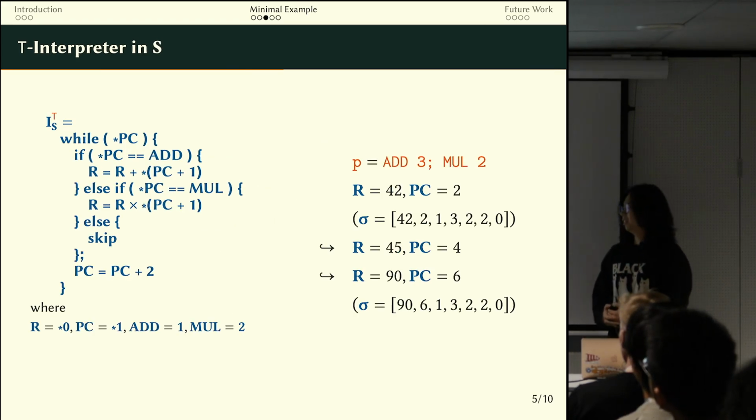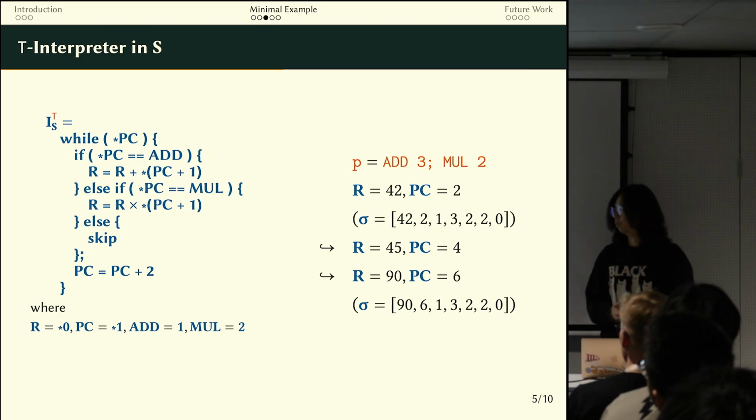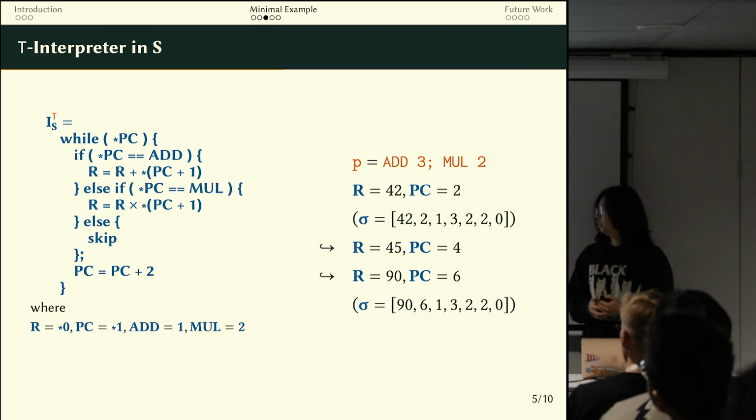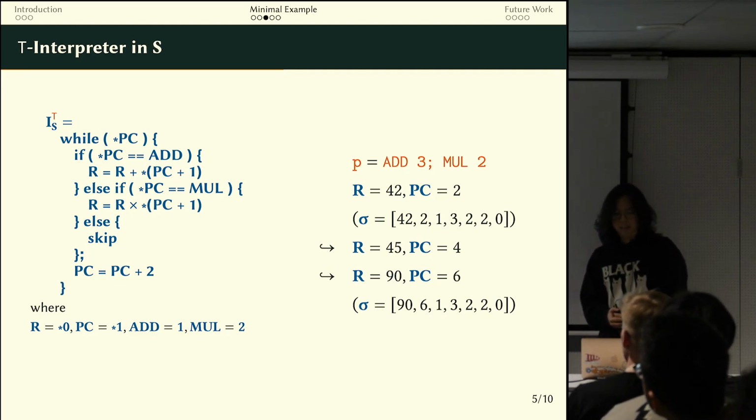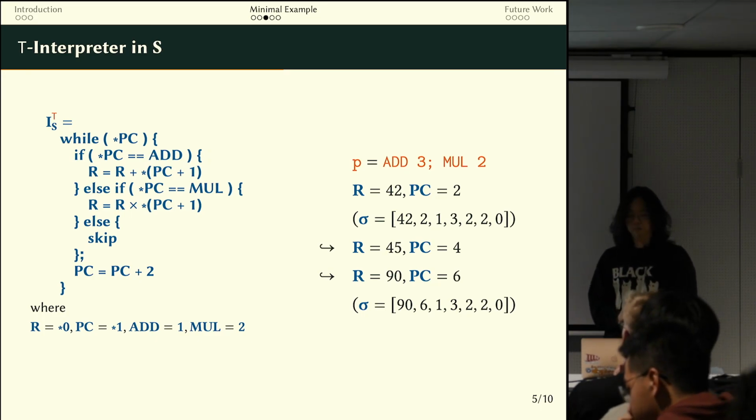The first ingredient is a T interpreter, which is written in S. The implementation is straightforward. It just fetches the instruction that is pointed to by the program counter, and according to the instruction, we update the value of the register. And then we advance the program counter.